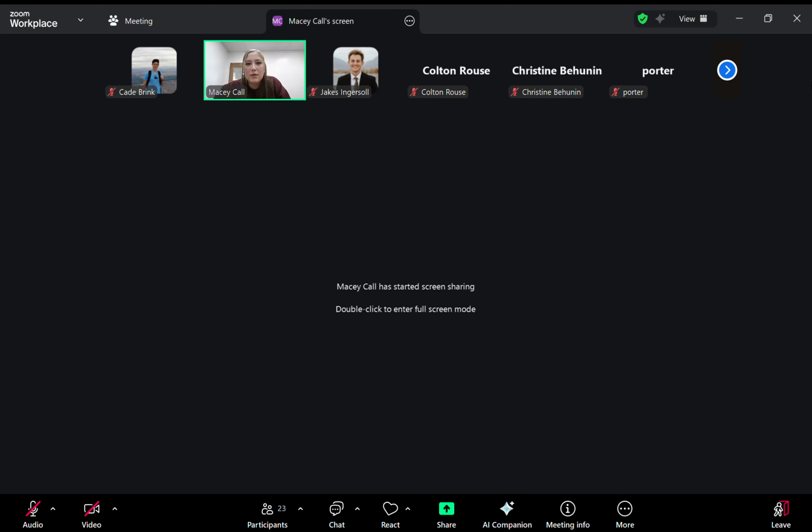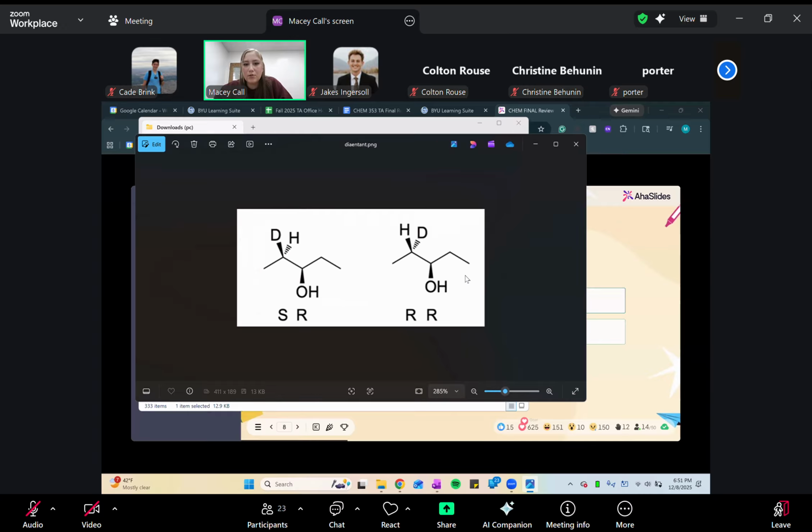Cool. So if we look at this molecule right here, we're comparing these two hydrogens on these sides. And so we have an alcohol group that's a wedge. And then we're comparing a hydrogen that's a wedge and a hydrogen that's a dash.